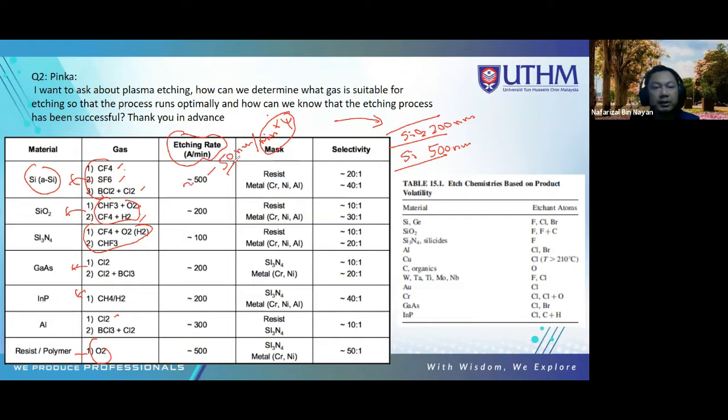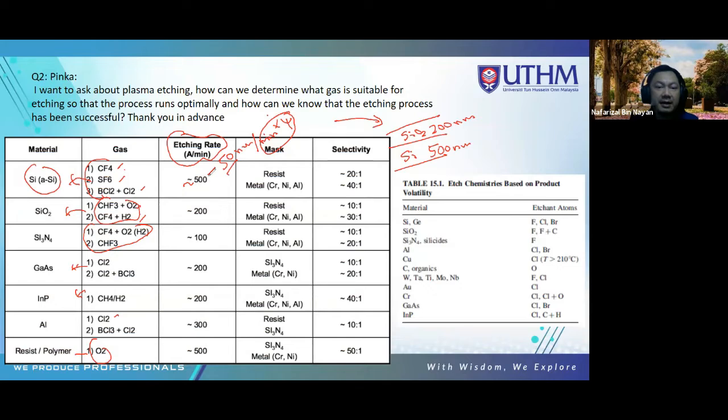This is the unit of Armstrong, so you can convert it to nanometer. So it's about 50 nanometer per minute. Of course, this is an approximate number, but we can use it to estimate the time for the etching process. It depends on the gases and on the material.